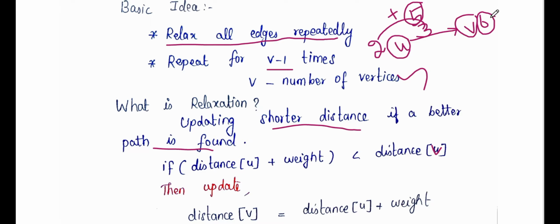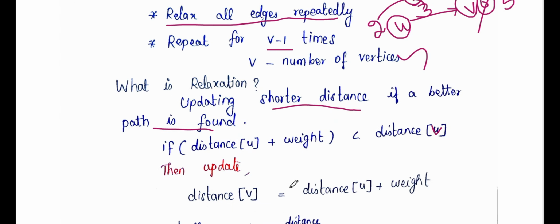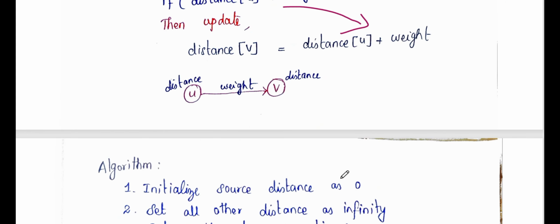Which one is smaller? 5 is smaller than 6, so we update the distance to 5. Whichever is smaller, you update with that value. So that is called relaxation. Clear? Okay. So that is called relaxation.